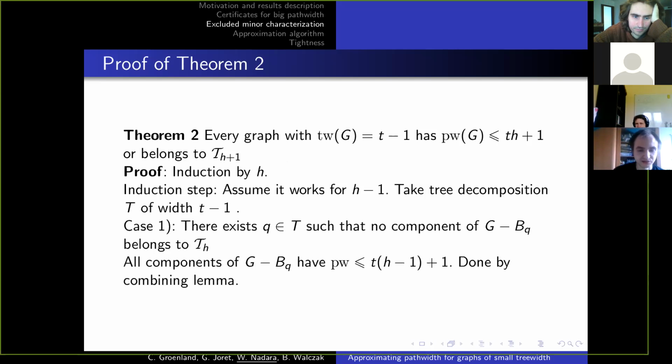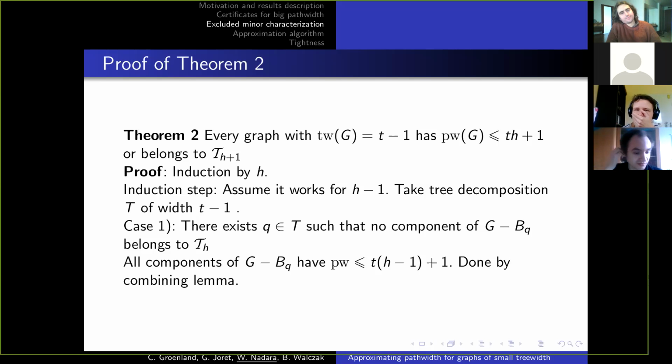So we think of components that do not belong to TH as, let's say, small components. There is a vertex in a tree decomposition such that after removing it, all components are small. It means that all components have small pathwidth, at most T times H minus 1 plus 1. What we want to do in that case is to take this path decomposition of all these components, concatenate them, and add this bag back to all of them.